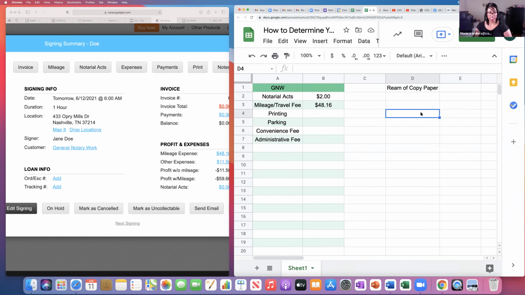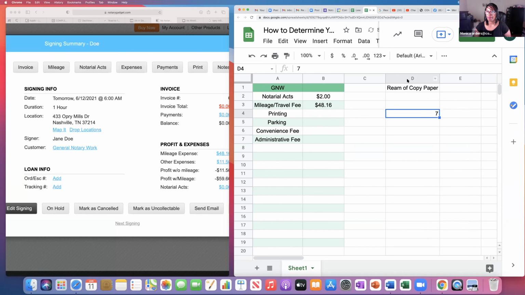Okay, so we're going to add 10% tax to that, depending on what your sales tax is. So $5.99 times 10%, another 59 cents. $5.99 plus 59 is $6.58. We're going to call a ream of paper $7.